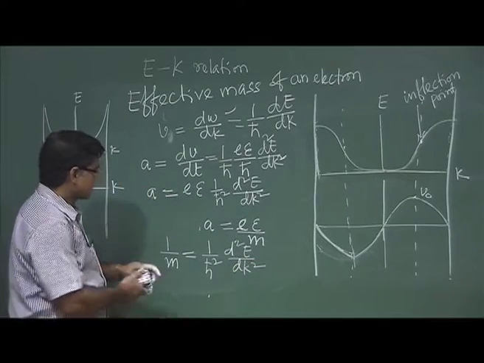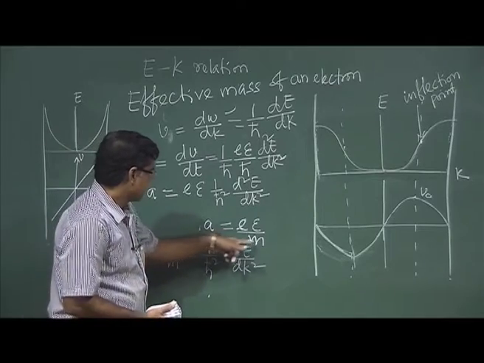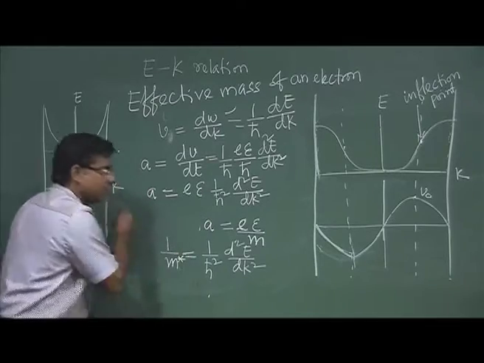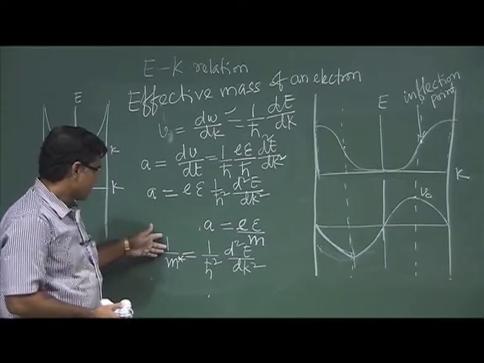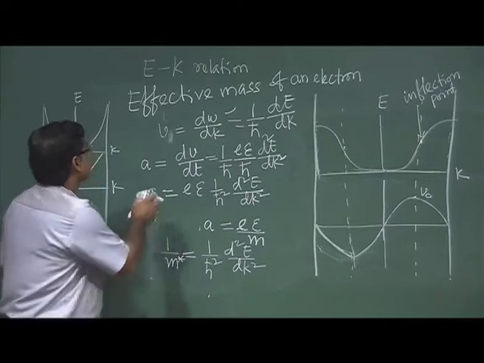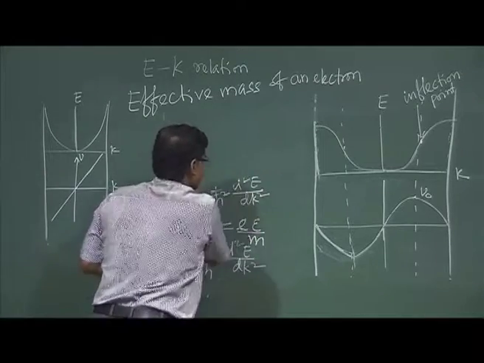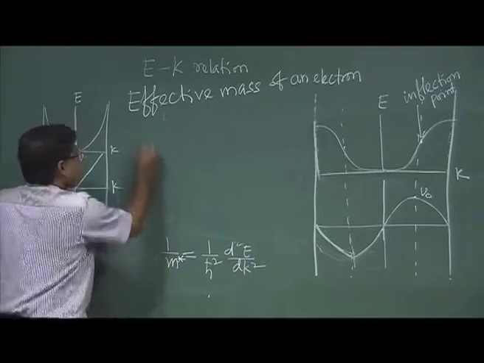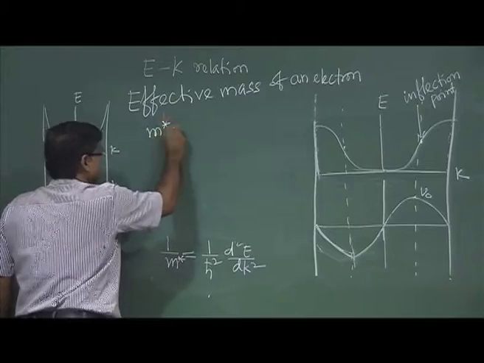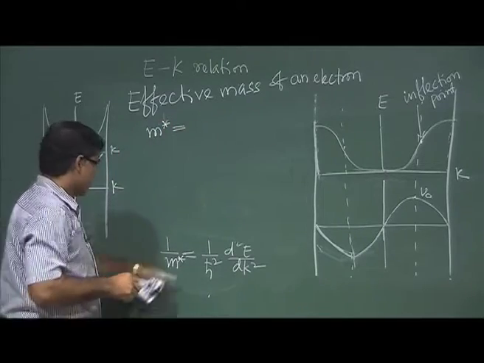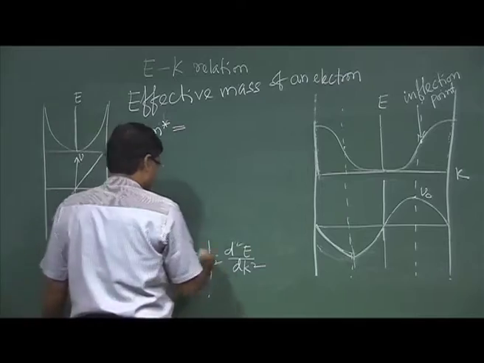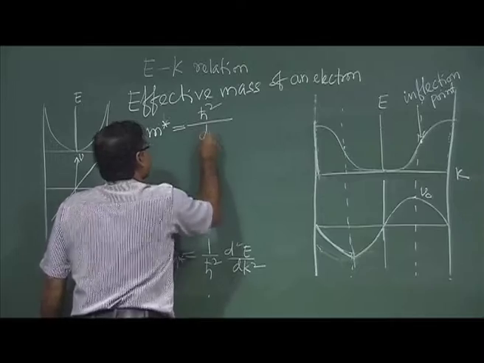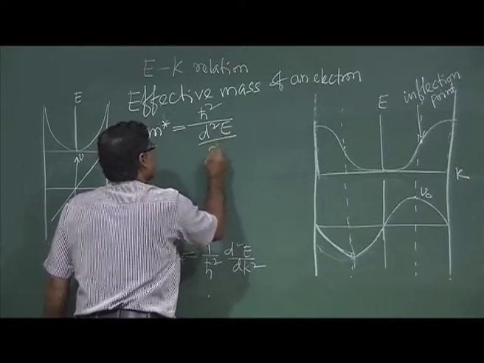So, whatever this mass is, generally we call it the effective mass. So, here the effective mass, m star, we define by this: h cross square by d2E by dk square.